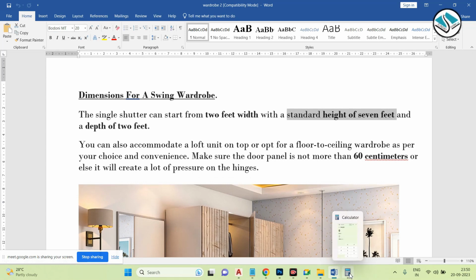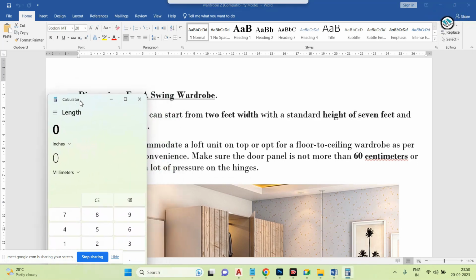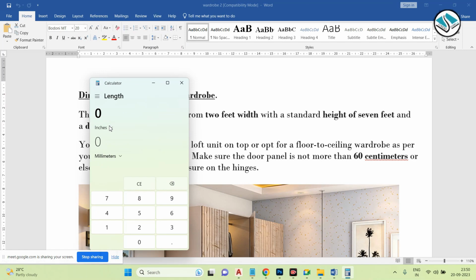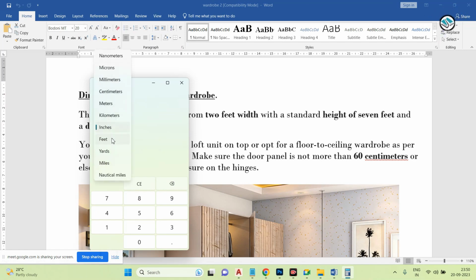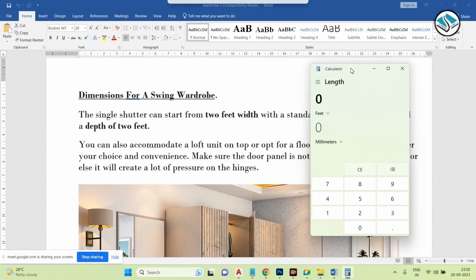So the point is, we are talking about the wardrobe dimensions, right? Do you have any idea of the wardrobe sizes, wardrobe height, and how much width and height we can mention in our drawing? Any idea? I don't have any idea about the specific height, but I have an idea of the specific width.